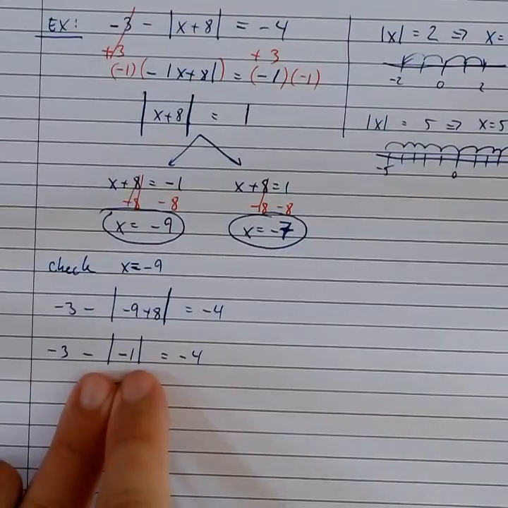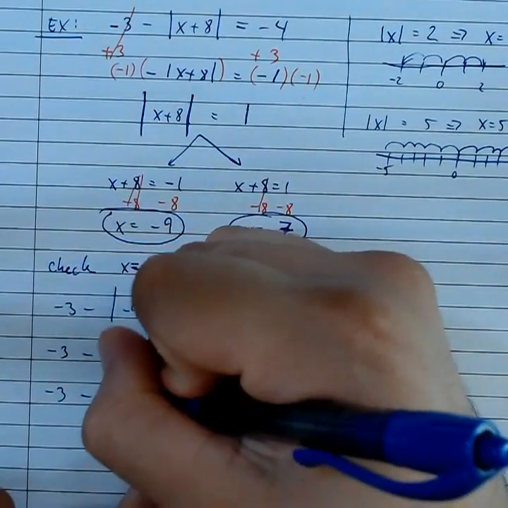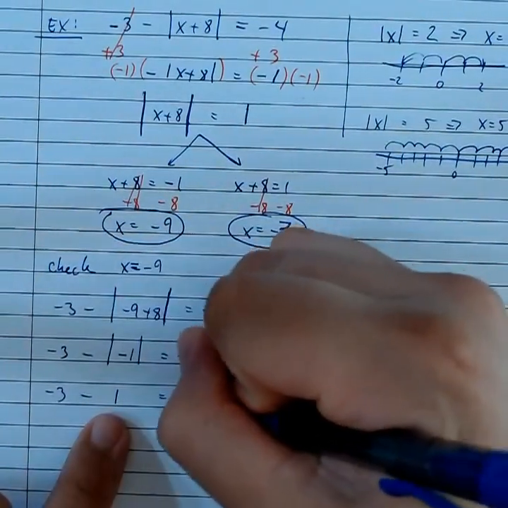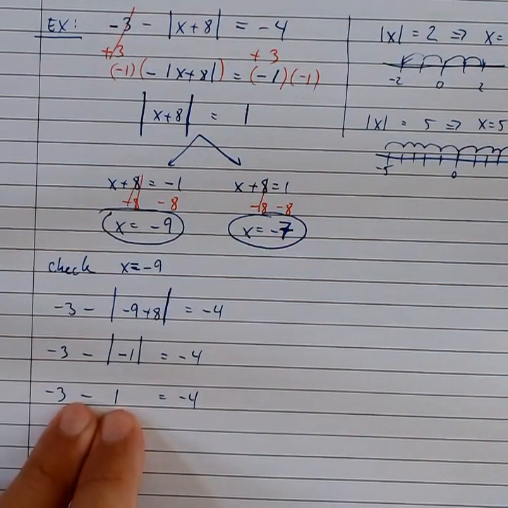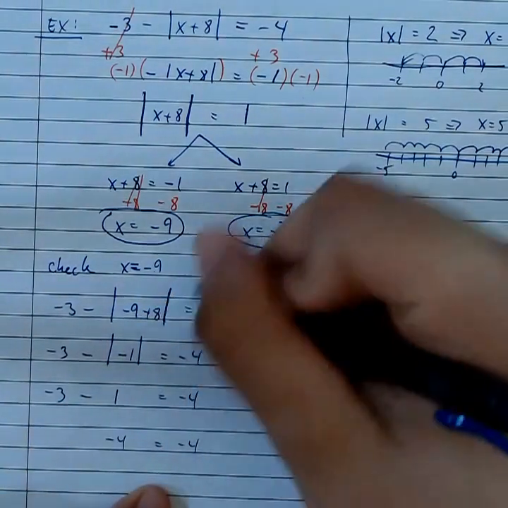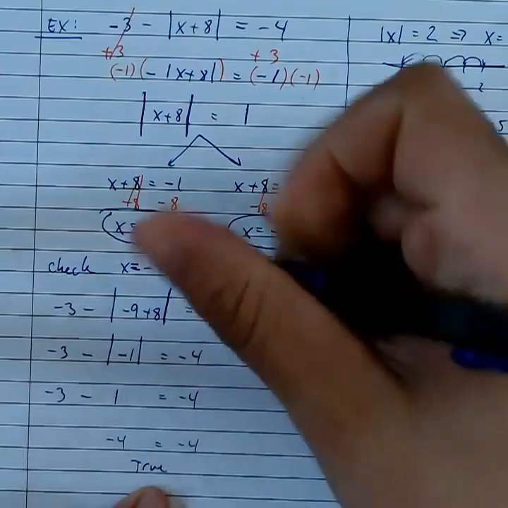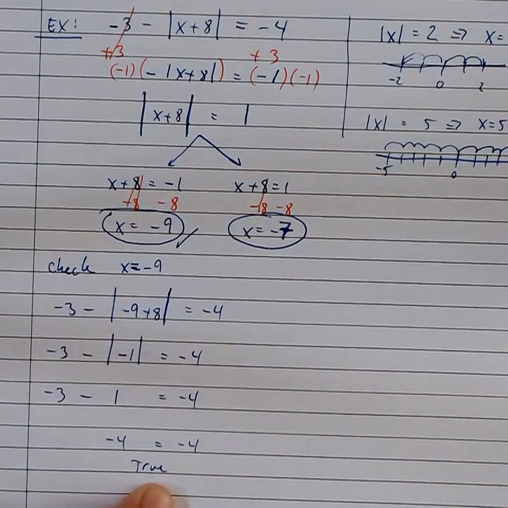The absolute value of negative 1 is positive 1. So that's negative 3 minus 1 is equal to negative 4. Negative 3 minus 1, that's negative 4. So negative 4 equals negative 4, and that is perfectly valid. So negative 9 is a perfectly valid solution to our equation.